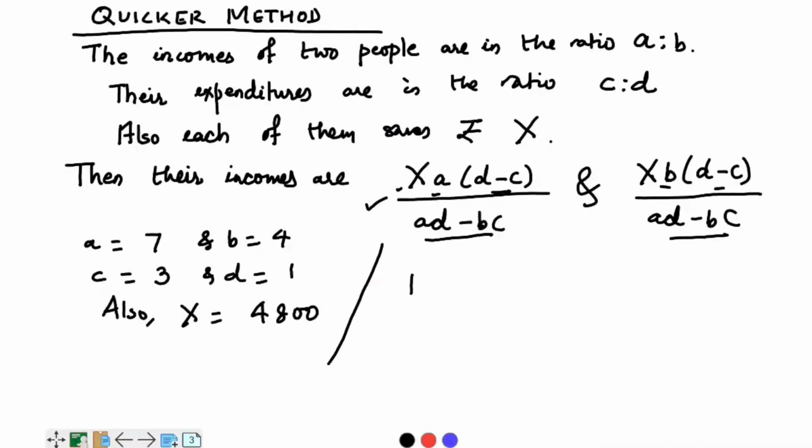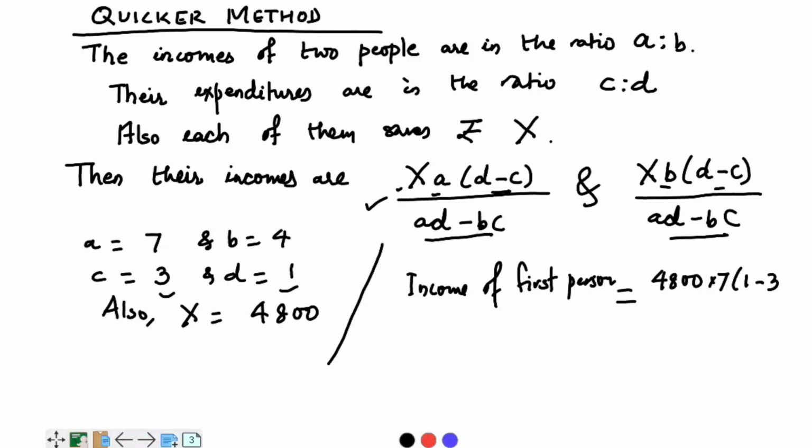Now let us put it here. The income of the first person will be equal to X, which is 4800, multiplied by A, which is 7. Now D minus C: D is 1, C is 3, so 1 minus 3. Now AD minus BC: A is 7, so this is 7 minus 12.